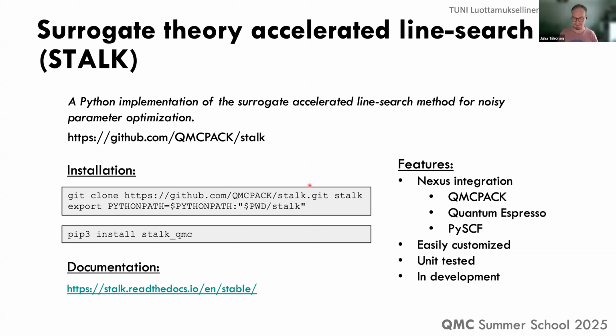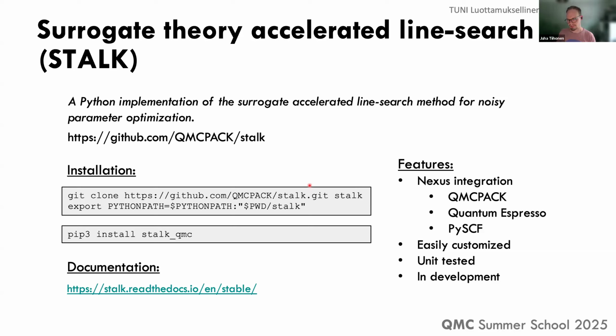I'll get there eventually. The features I want to highlight, though, are that this package has full Nexus integration, meaning that you can run this workflow basically by writing Nexus recipes, and therefore it supports QMCPACK and many other codes that Nexus supports too, but also native Python codes.